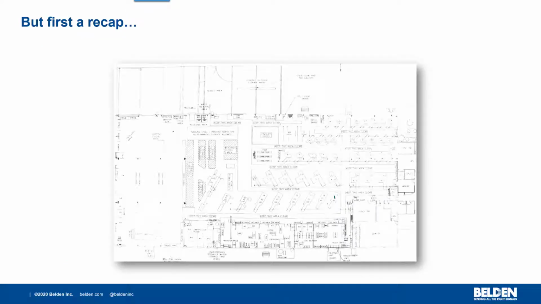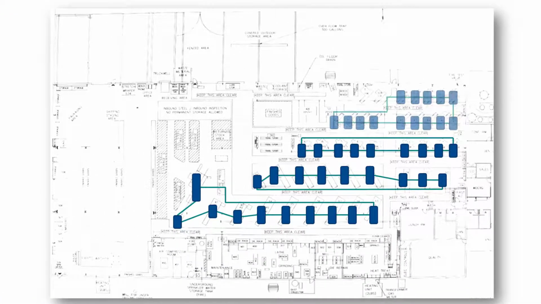But first, let's recap where we last left off with our virtual plant floor. We've laid out our individual production lines in their own individual fault-tolerant rings, knowing that we'd want to isolate the overwhelming majority of the machine's traffic to its respective production line.